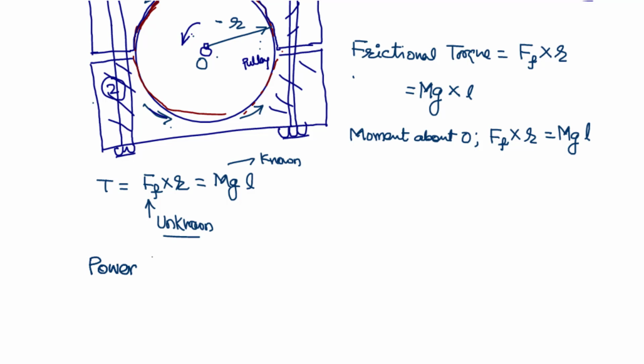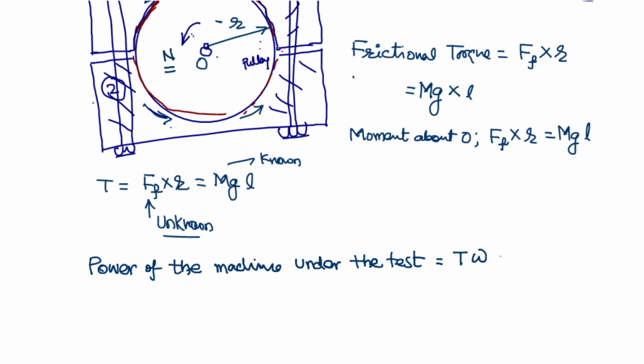Then power output of prime mover, power developed by the machine or power of the machine under the test, this is equal to torque multiplied by omega, and the speed of pulley, suppose n, then this is equal to T into 2 pi n in rpm.